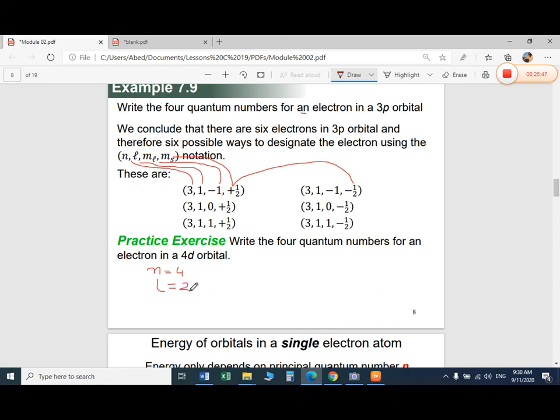And then for the ml you have to say -2, -1, 0, +1 and +2. And for the ms it is very simple. One side you make plus half, the other side you make minus half. So this will be 10 electrons. 5 brackets you make here, 5 brackets you make here, and change the values. In place of 3 change the value to 4, and in place of 1 you make it 2, and write these values. So do it yourself, so you learn.